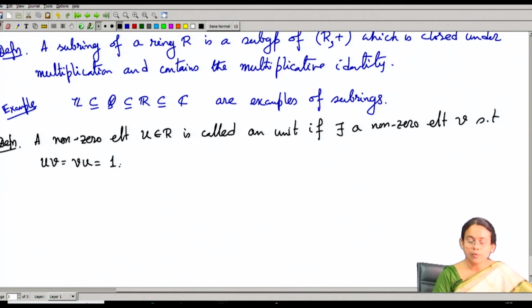In other words, units are those elements which have a multiplicative inverse. So, a non-zero element which has a multiplicative inverse is called a unit element.